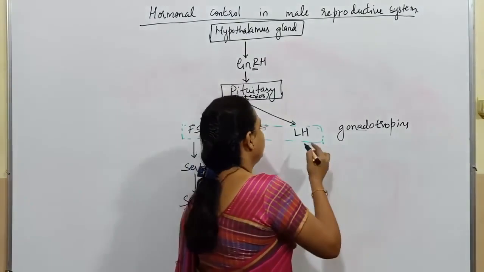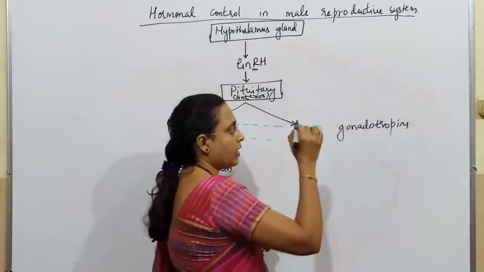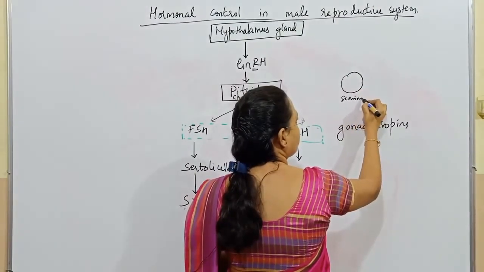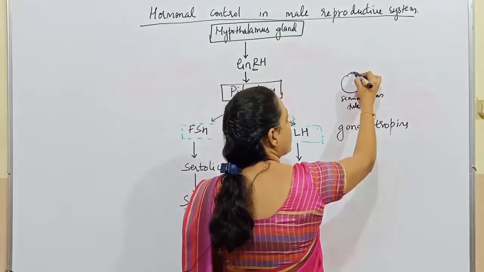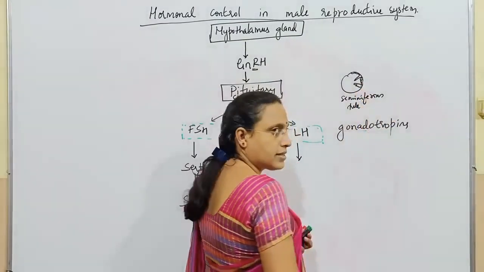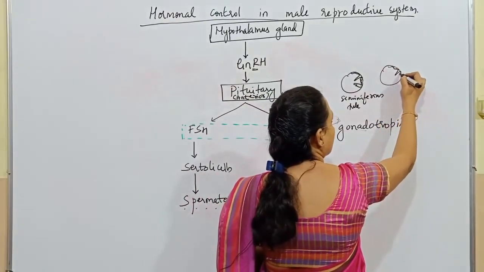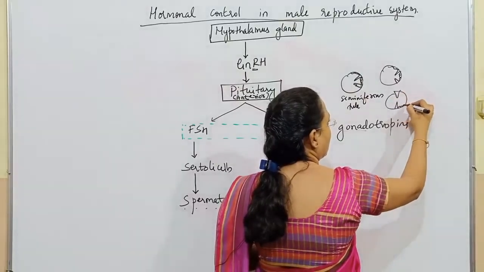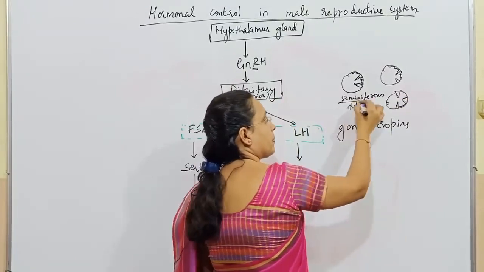Now the next hormone, luteinizing hormone. Now again you have to go back. These are seminiferous tubules. They have germinal epithelium and Sertoli cells. How many seminiferous tubules will be there in a testicular lobule? 1 to 3. Now consider these are the 3 seminiferous tubules.